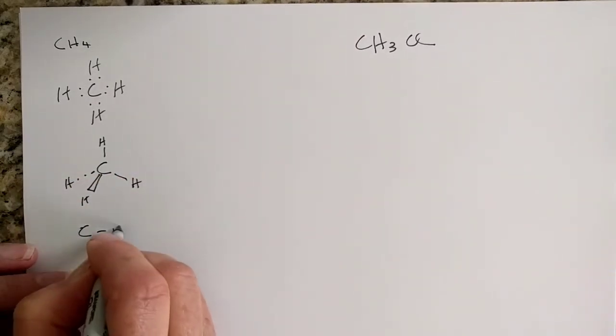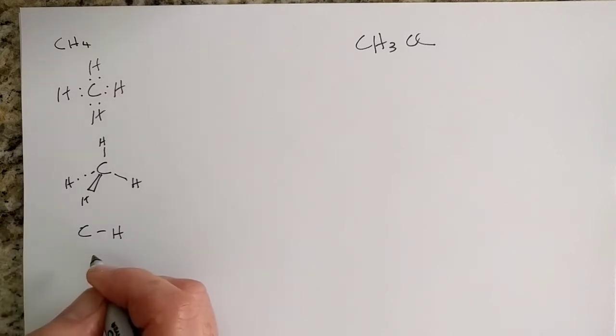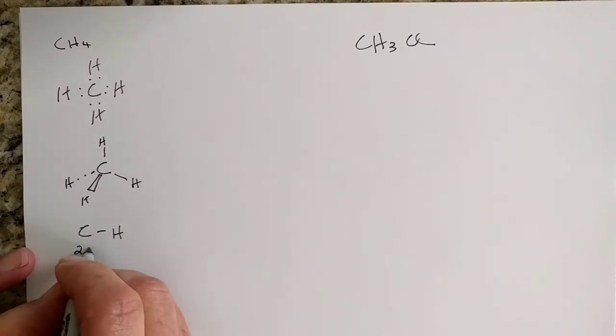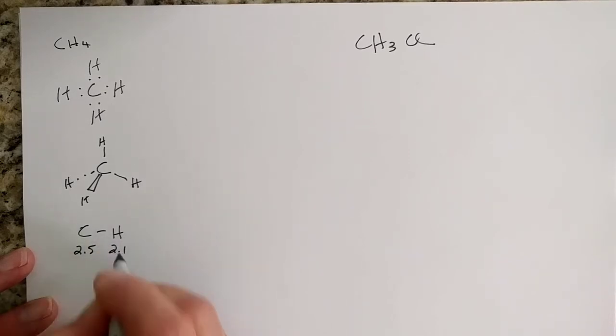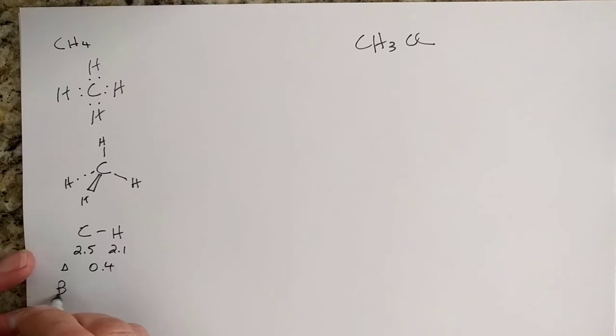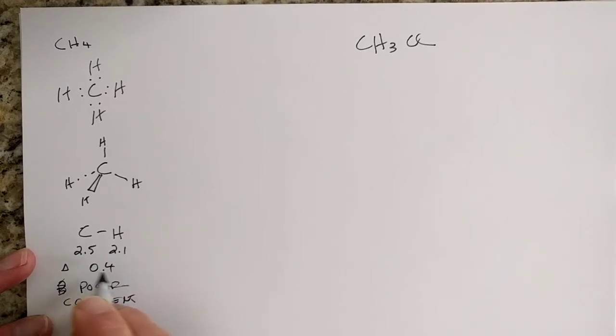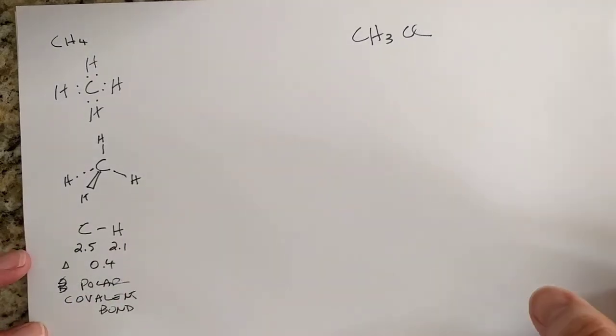Evaluate the bond. So carbon, what did we say carbon was? 2.5. Hydrogen is 2.1. Our delta is 0.4, meaning we have a, oops, I forgot to write polar covalent bond. But it's slightly polar. I mean, that's a really low value. It's polar, but slightly polar.